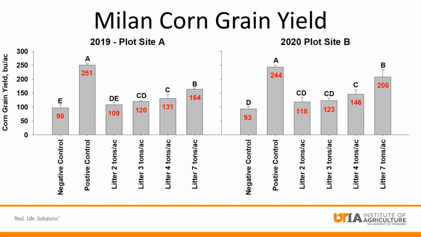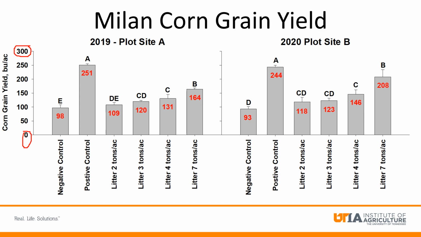This shows the Milan corn grain yield in 2019, at which time we established our first research plot location, Site A, and 2020 plot location, Site B. And you can see on the left, the y-axis is the corn grain yield between 0 and 300 pounds, or excuse me, 300 bushels per acre. And we have our treatments spread across the x-axis, the negative and positive control, and then different litter application rates of 2, 3, 4, and 7 tons an acre.